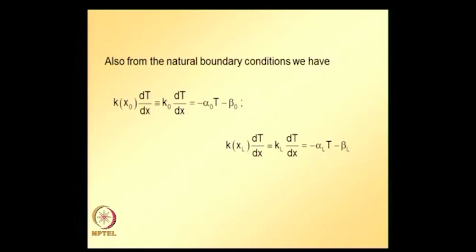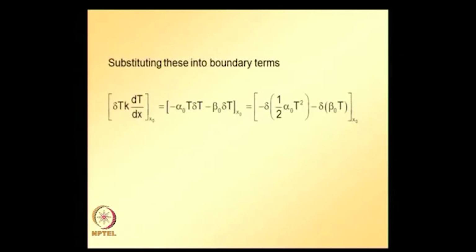Substituting these into the boundary terms, we get variation of t times k times derivative of t with respect to x evaluated at x is equal to x naught. We can write like this, and also which can be further rewritten using variational identities.